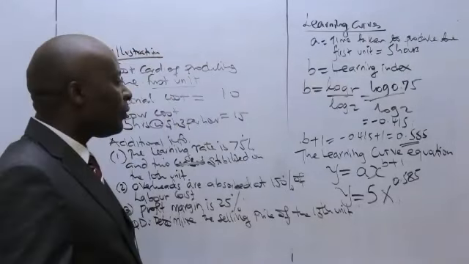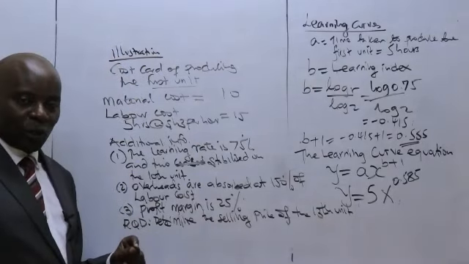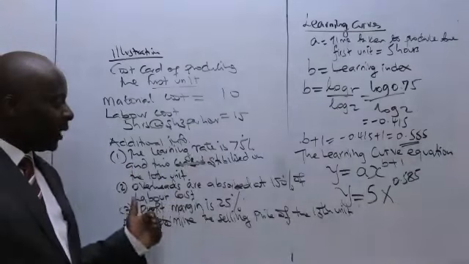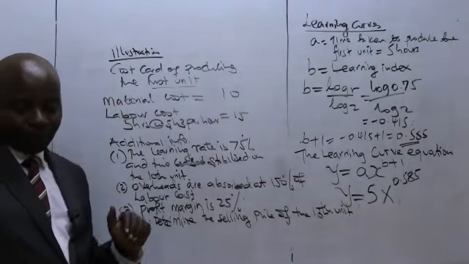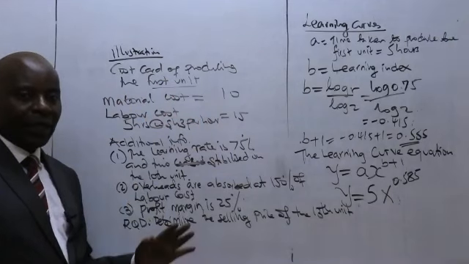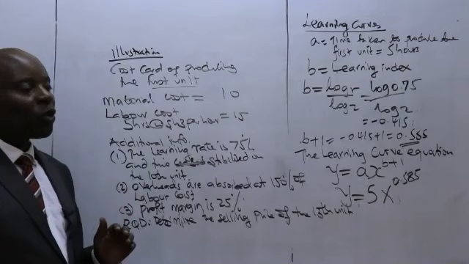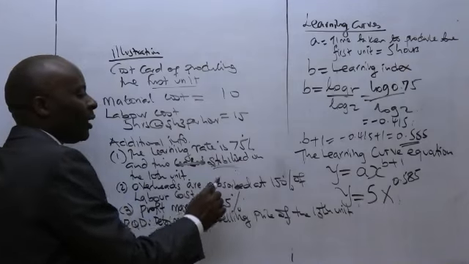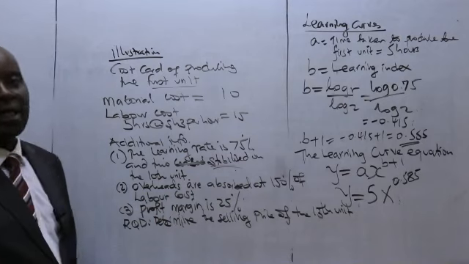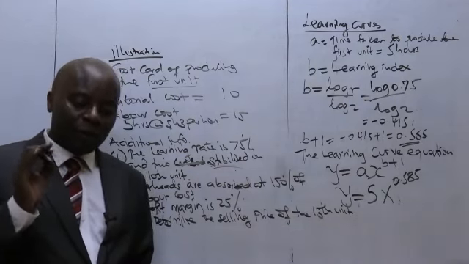Now, once I have that, this question is kind of abnormal. Why is it abnormal? That learning curve is not progressing throughout. That learning curve is stabilizing after some time. So whenever you hear the examiner talk of stabilization, it will be very important that in the next stage you calculate the time of stability.